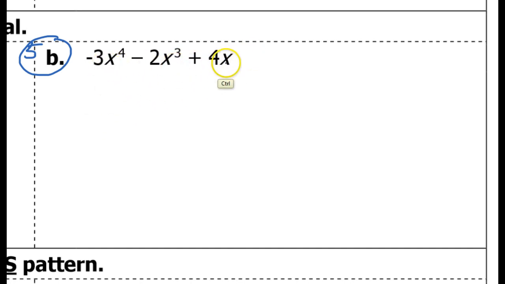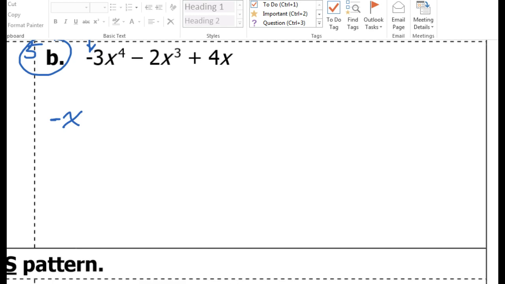What's the smallest amount? X. So that's going to be the GCF. Except for one thing. Notice that the first term has a negative sign. Whenever that happens, you're going to have a negative GCF. So instead of factoring out an x, you're going to factor out negative x.